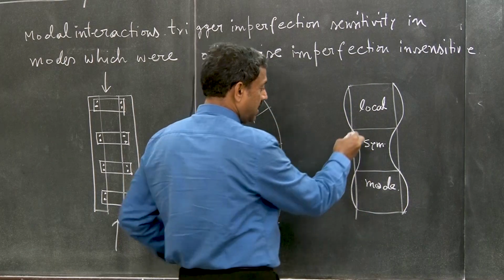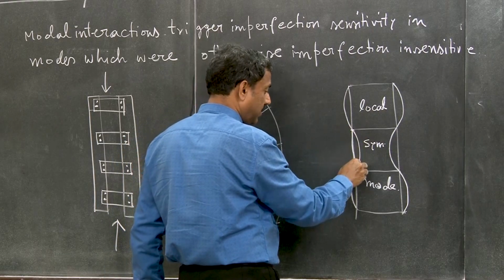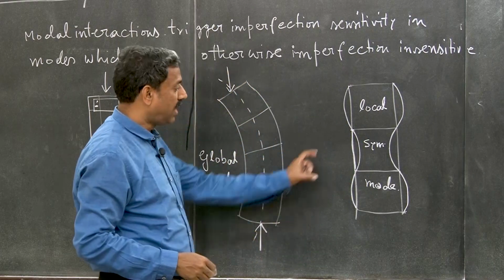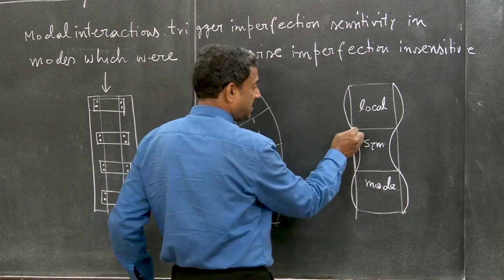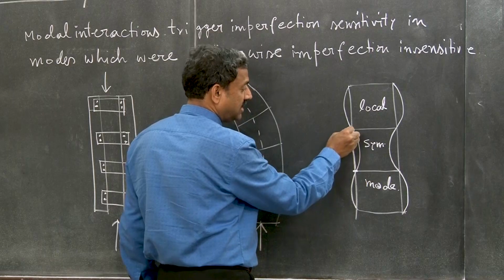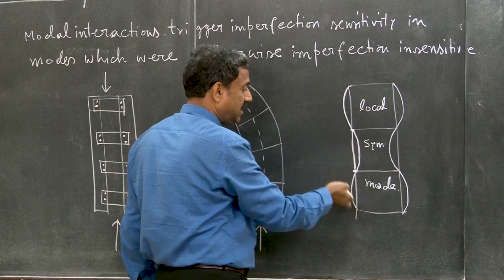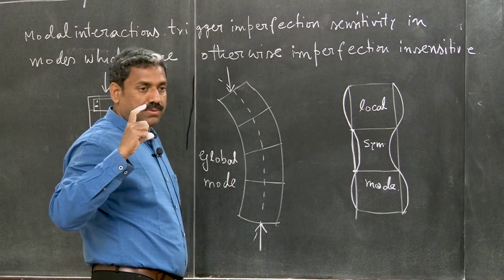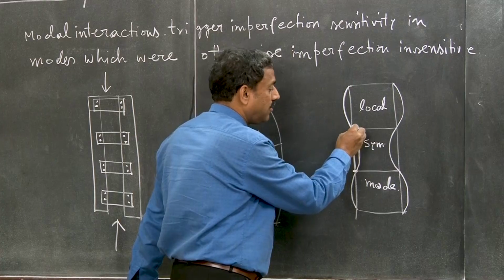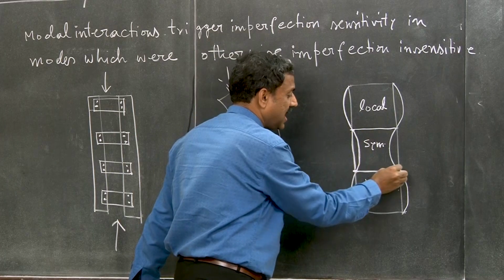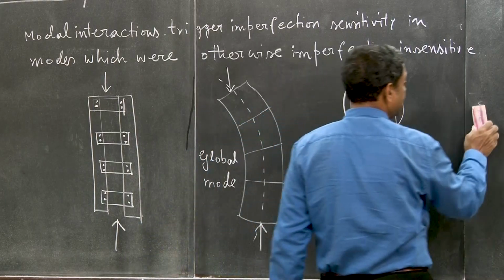Because the portion of the column in between the two batten plates is liable to buckle, right? You see, these are points of counterflexure. So individually the intermediate portion of the column between two battens buckles, because the batten provides some kind of lateral restraint, right? So these are all local modes. Now this is local symmetric mode.